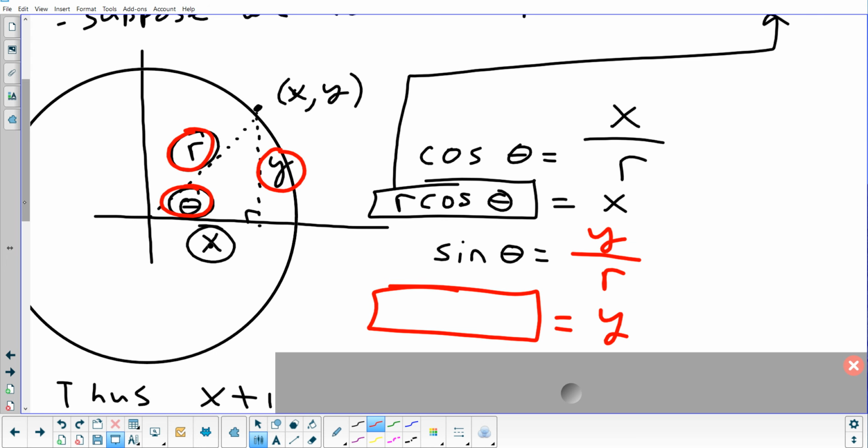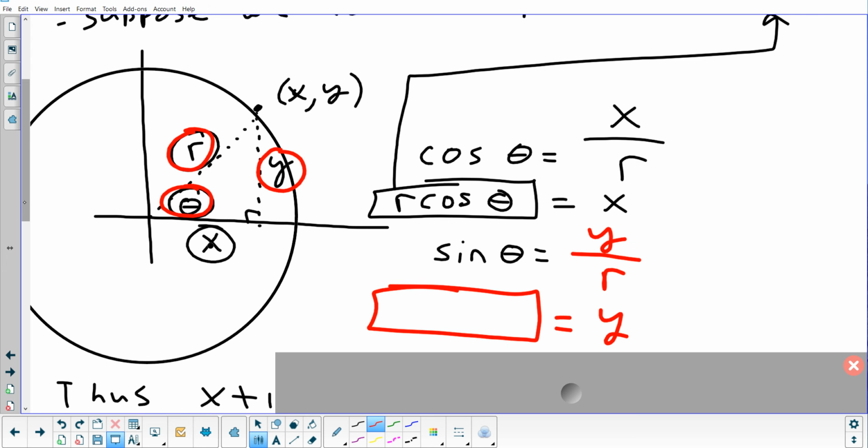How do you undo divide? Because we want to get rid of y divided by r. I just don't want this divided by r here. So what could I do on both sides that would get rid of dividing by r? What did we do on the one above it?